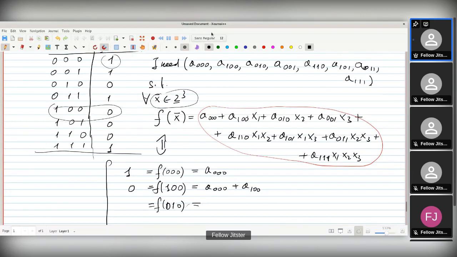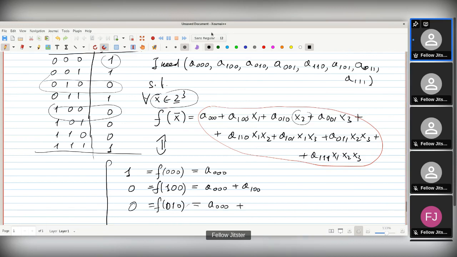Look at the table. It is 0. And on the other hand, assume that x2 is 1 and every other x is 0. What will the right-hand side equal to? Isn't it obvious?